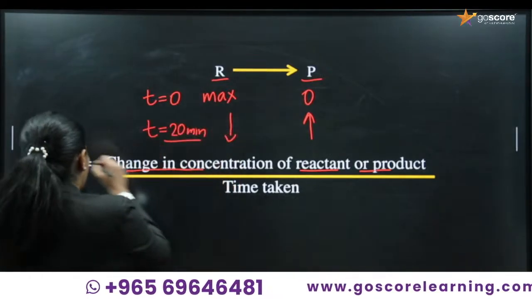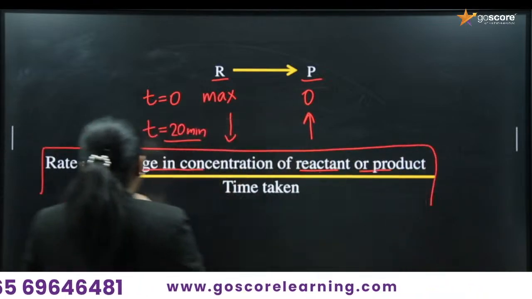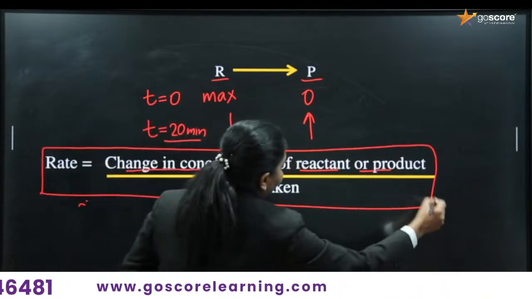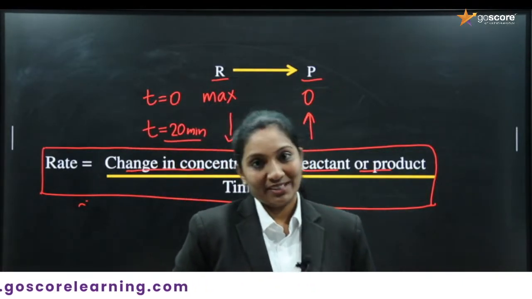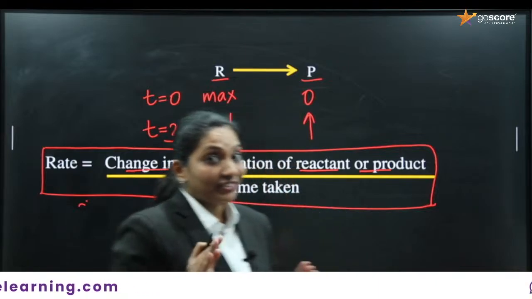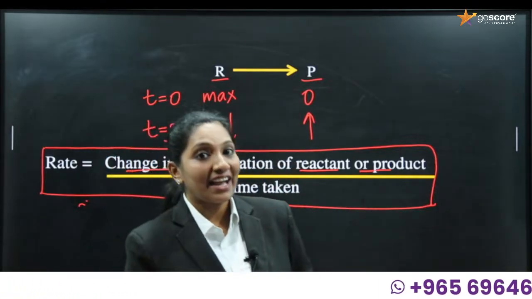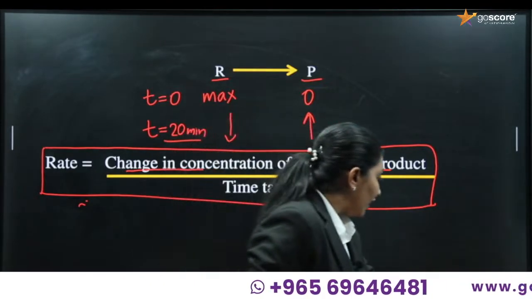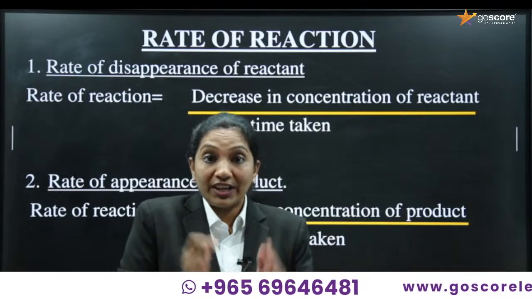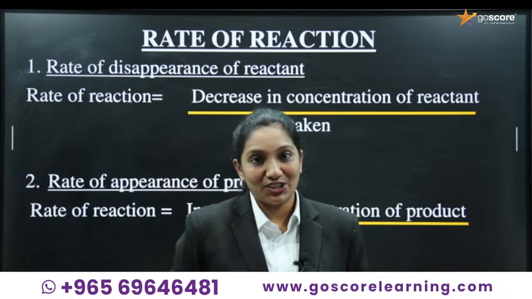So we can express the rate of a reaction as the change in concentration of reactant or product by time taken. Got it? So we can express the rate of reaction both in terms of reactant as well as in terms of product. Now let's see, if you are expressing it in terms of reactant, there is a decrease in the concentration of reactant.